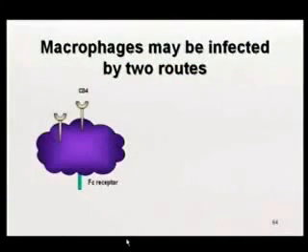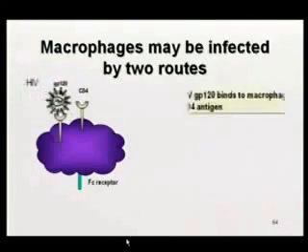Now, these macrophages, as I said, are the way in which you acquire HIV if you get it by sex. They can pick up HIV just like the T4 cells because they have CD4 antigens. They're CD4 positive cells, but they can get the virus in another way, via the Fc receptor.